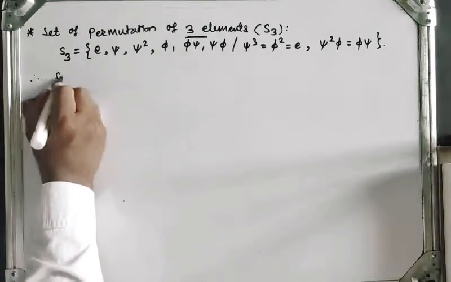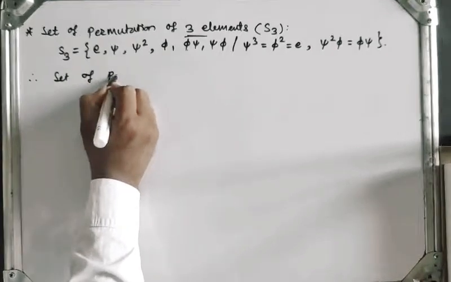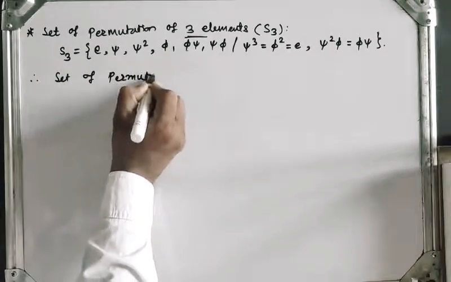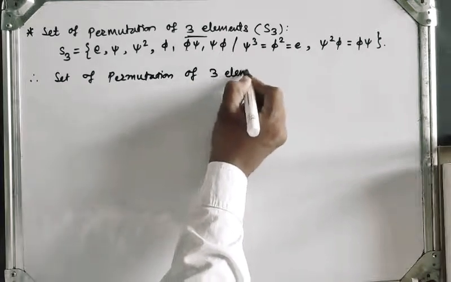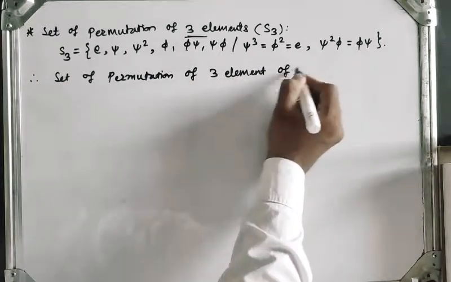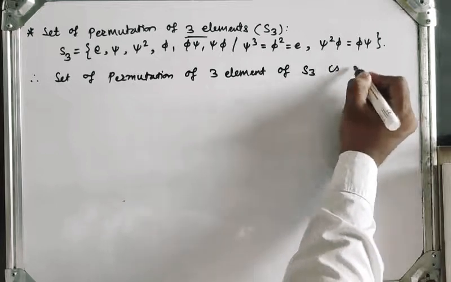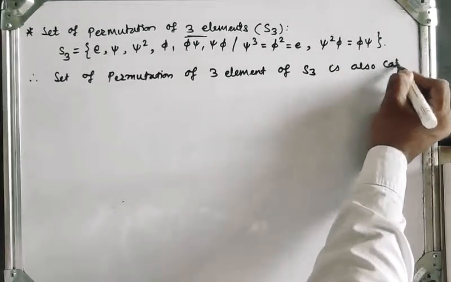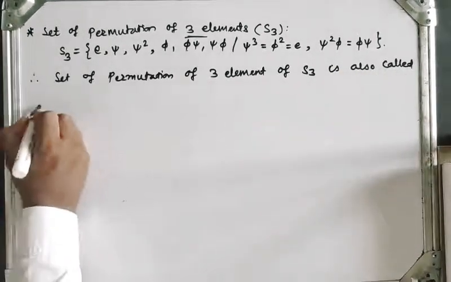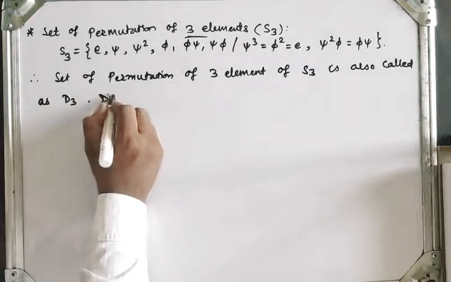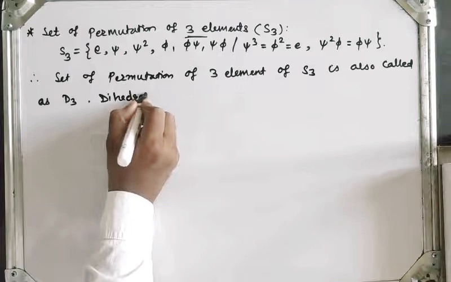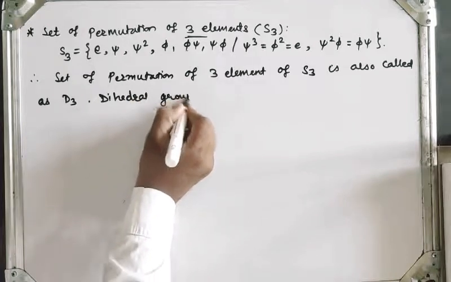Therefore the set of permutations of three elements, S3, is also called D3, the dihedral group of three elements.